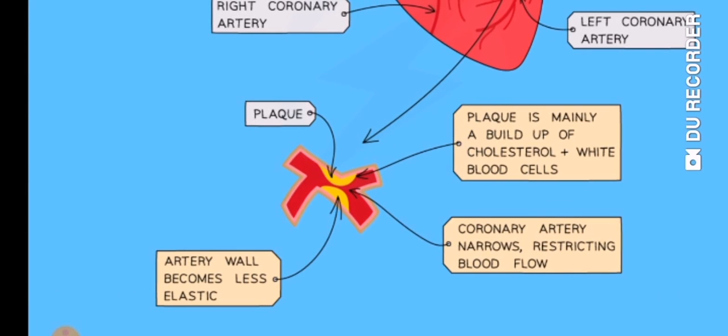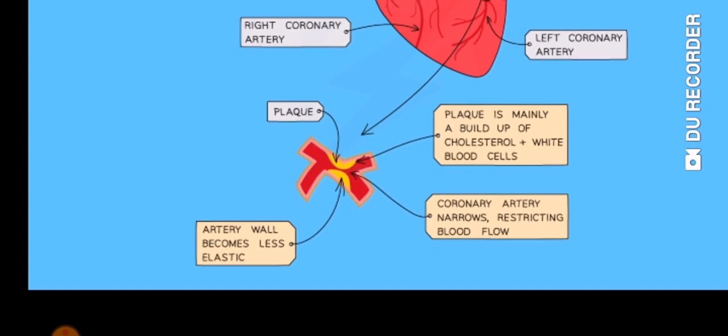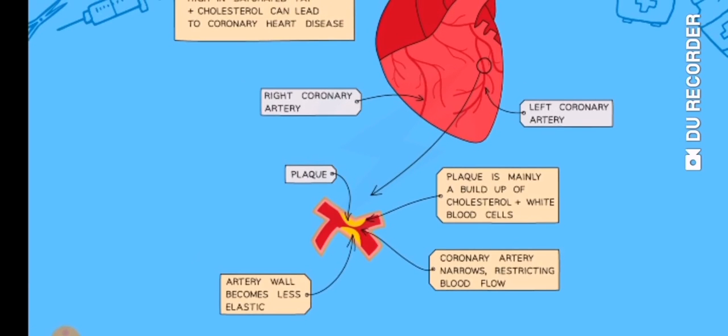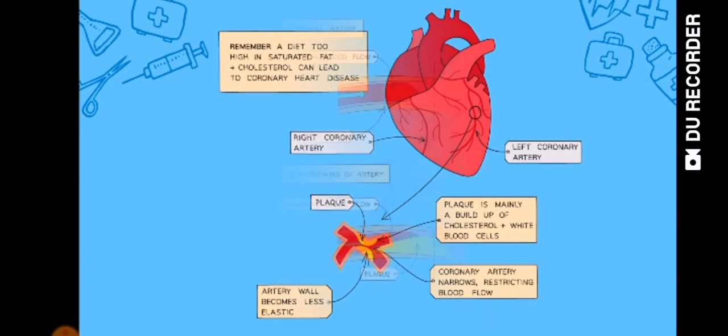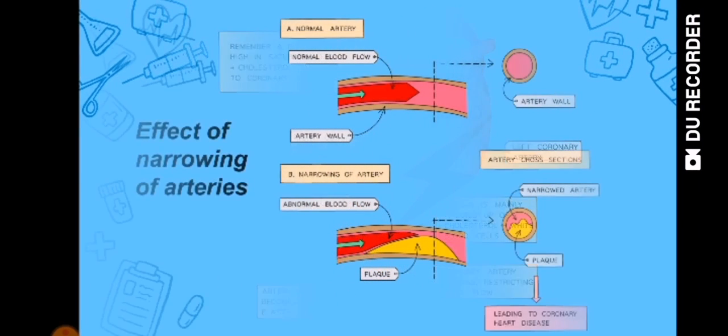Causes of coronary heart disease. The factors. Factor 1, poor diet. Eating more saturated fat increases cholesterol levels, increasing the chance of a build-up of fatty blockages.